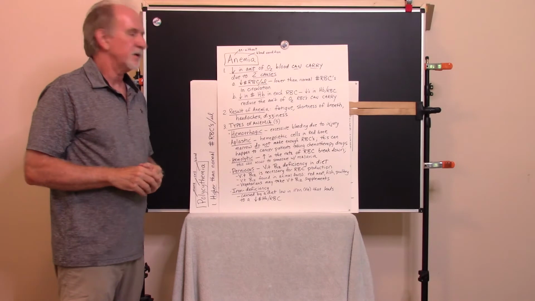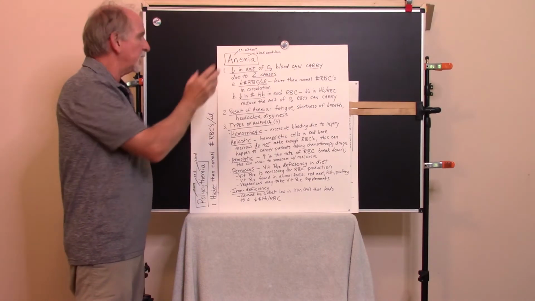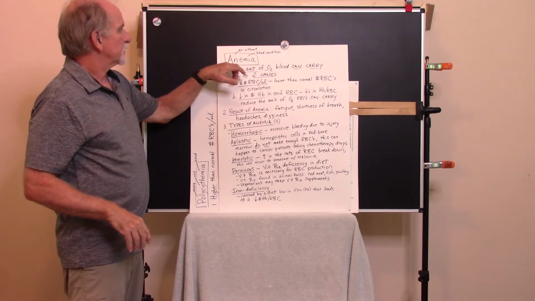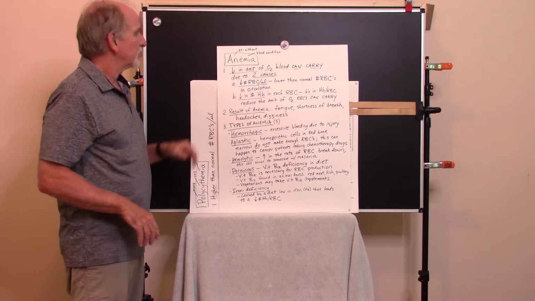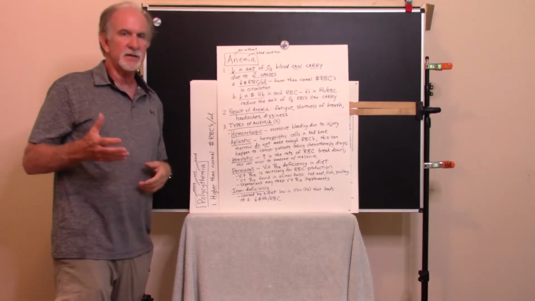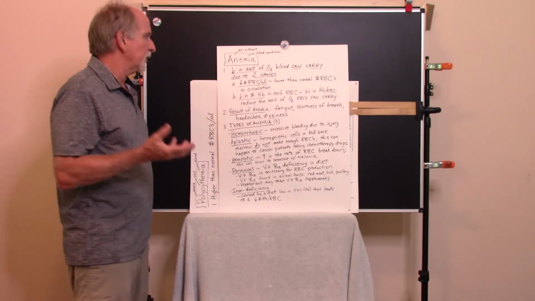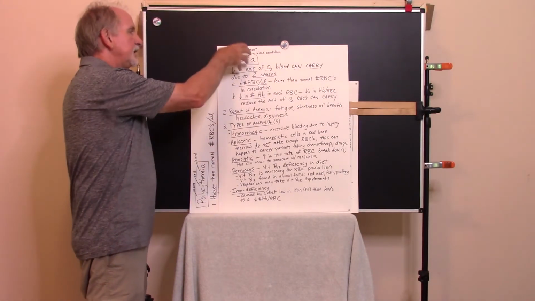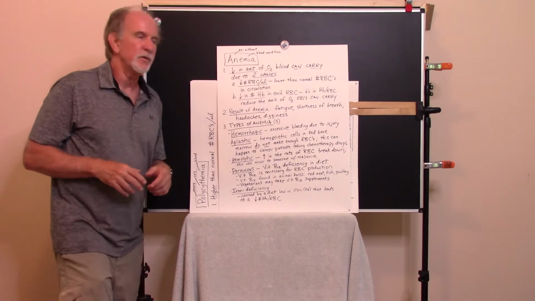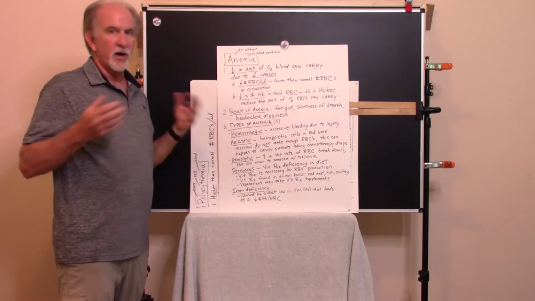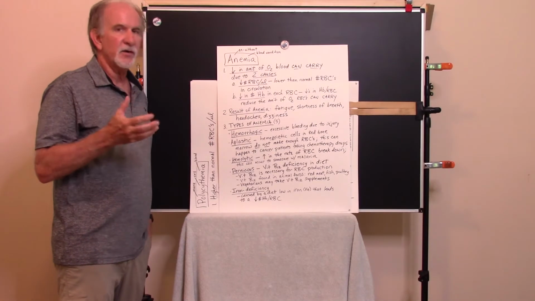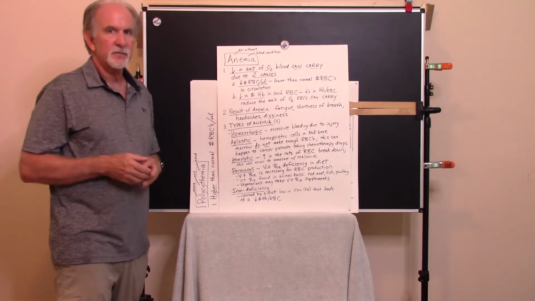Another condition that I wanted to tell you a little bit about is anemia. So AN as a prefix means without, and emia, again, is some kind of condition associated with the blood. So anemia is a condition in which there are lower than normal amounts of oxygen being carried by the blood.